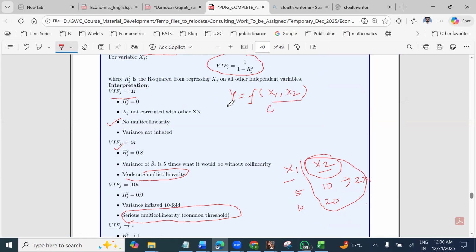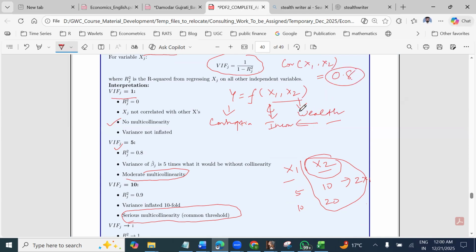Y is your consumption, x1 is your income and x2 is your wealth. Wealth is related to income or not? Sometimes, yes. So there is a linear relationship. When you find the correlation between x1 and x2, you get 0.8.